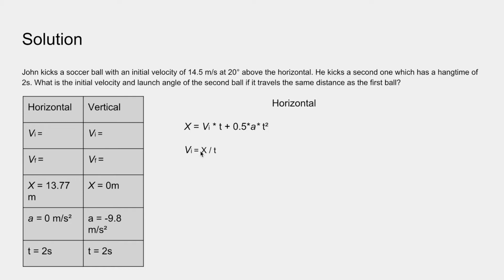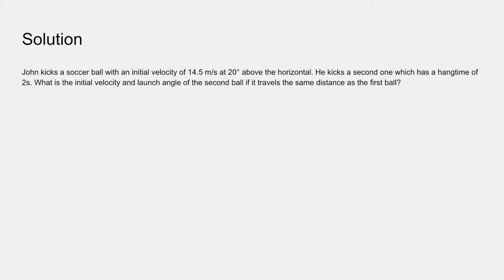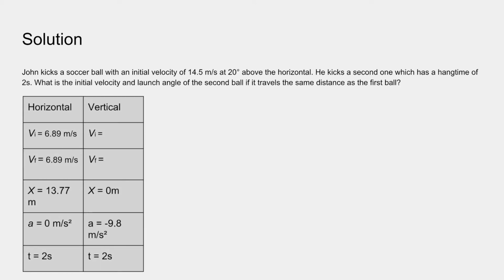So the initial velocity is equal to displacement over time: 13.77 meters over 2 seconds, which gives us 6.89 meters per second, our initial velocity for the horizontal component. When we fill in what we know, the horizontal initial velocity is 6.89 meters per second. That also makes the final velocity for the horizontal component 6.89 meters per second, since acceleration is 0 and there's no change in velocity.